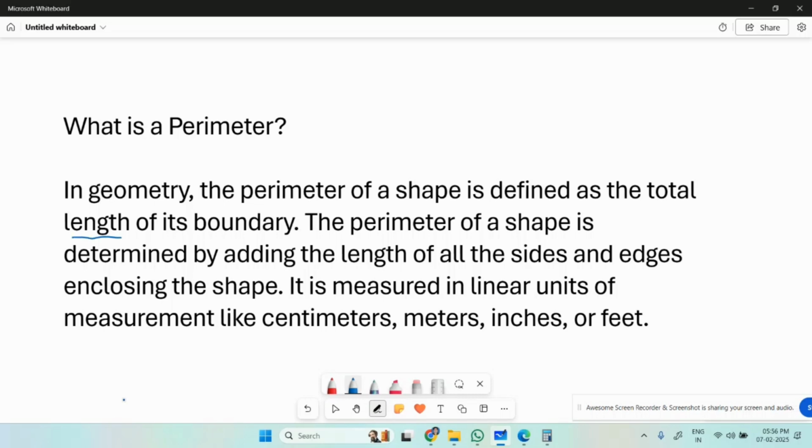The perimeter of a shape is determined by adding the length of all the sides and edges enclosing the shape. And perimeter can be measured in linear units of measurement like centimeters, meters, inches, or feet.